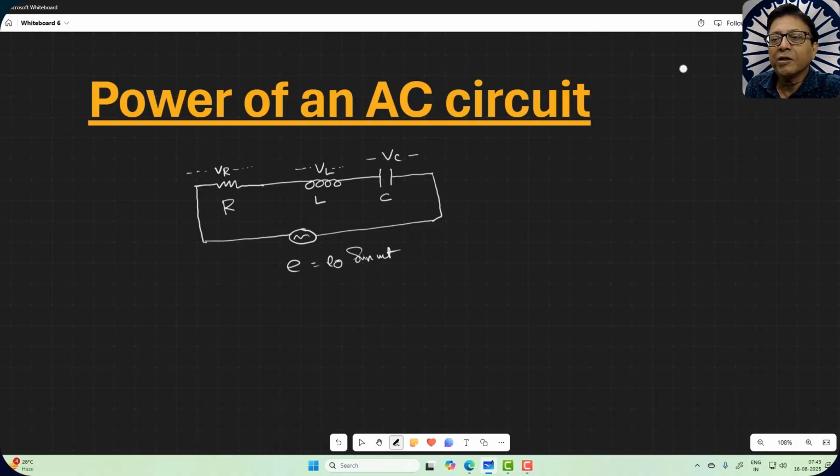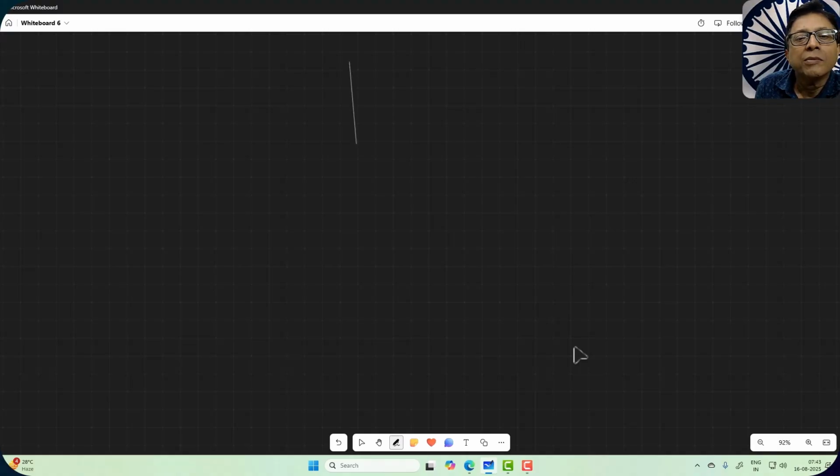And if we draw the phasor diagram by assuming that VL is greater than VC, then the phasor diagram is going to be like this: this is VL, assuming that this one is VC, and this one VR.